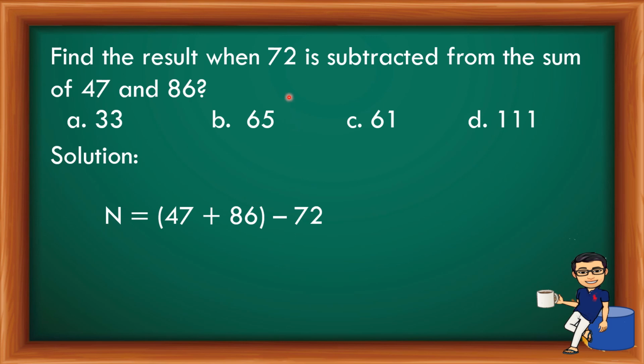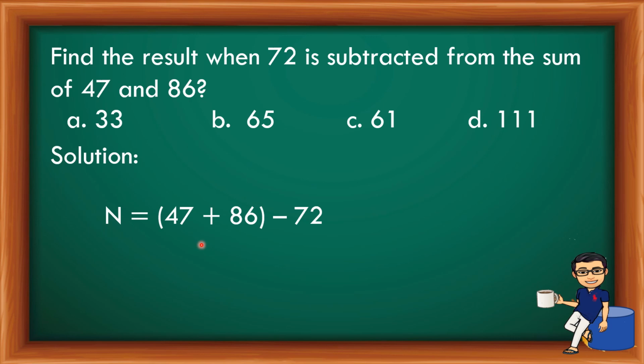Since we are talking of 72 is subtracted from, we are going to write that in the last part of our equation. Then, what comes next is to determine the sum of 47 and 86. And when we say sum, we are talking of addition. Therefore, this is 47 plus 86.